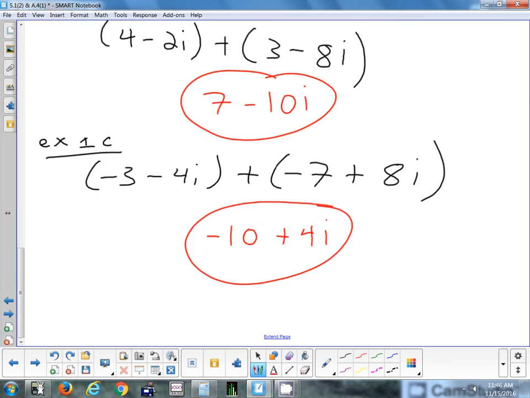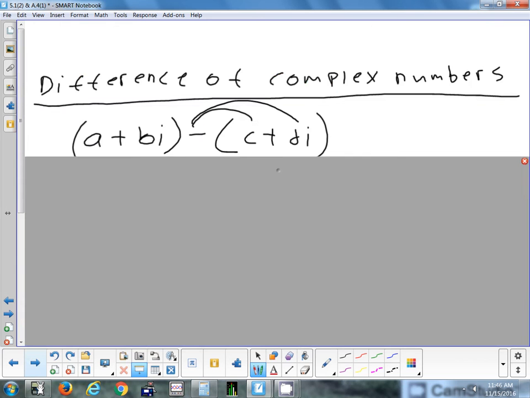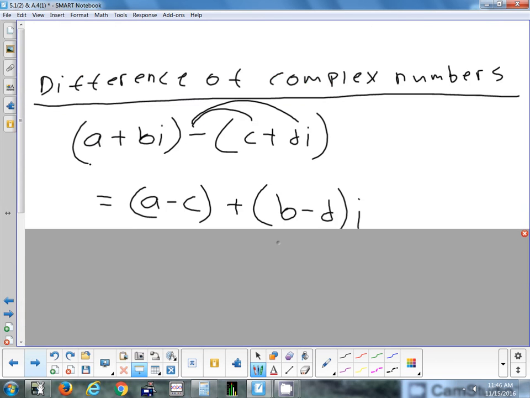Okay, because if you understand addition, subtraction is very, very easy. What you're doing now is instead of adding the real parts and adding the imaginary, you are subtracting the real parts and subtracting the imaginary.